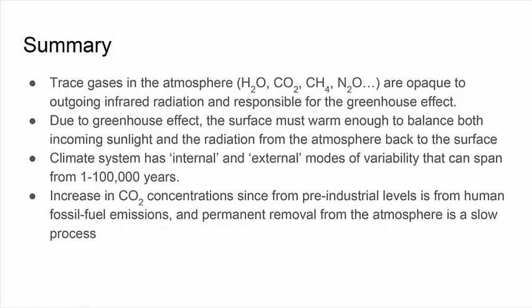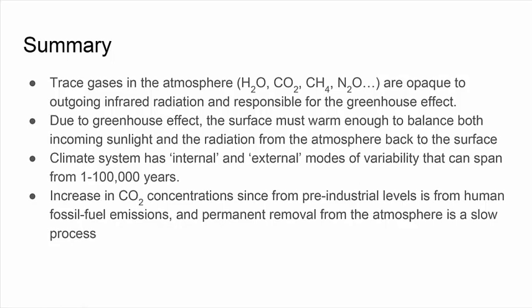So, in summary, these trace gases of water vapor, carbon dioxide, methane, and nitrous oxide, even though they're trace and make up a very small portion of the atmosphere, they're opaque to outgoing infrared radiation, and they're responsible for the greenhouse effect. And because of the greenhouse effect, the surface must warm to be in balance.